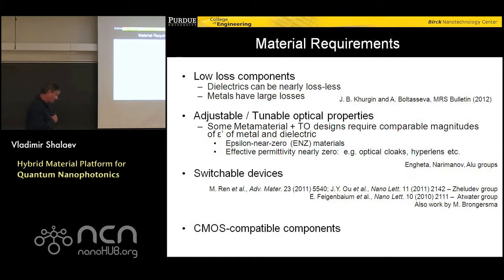There are some applications which actually take advantage of losses, but for nanophotonic circuitry, we would like to keep losses low. And we know that with dielectrics, that's actually a trade-off. Dielectric losses are very low, but you are limited by the diffraction limit, basically lambda over 2n. With plasmonics, you typically use metal or metal-like materials, and the size of the structure could be much less, a few nanometers only, but typically losses are higher.